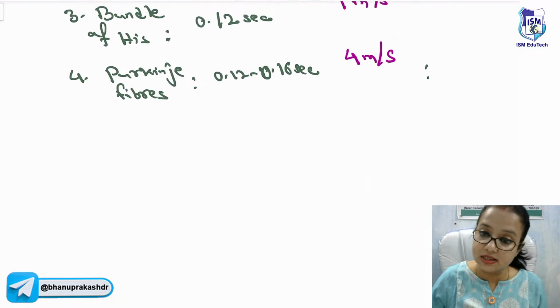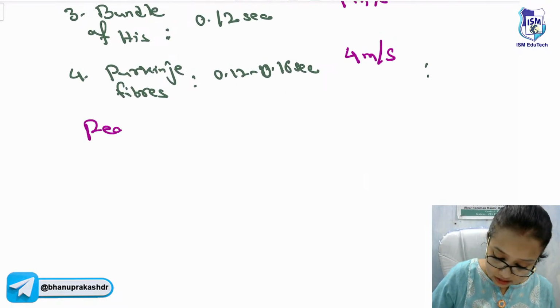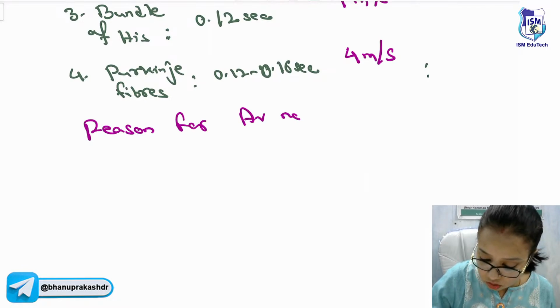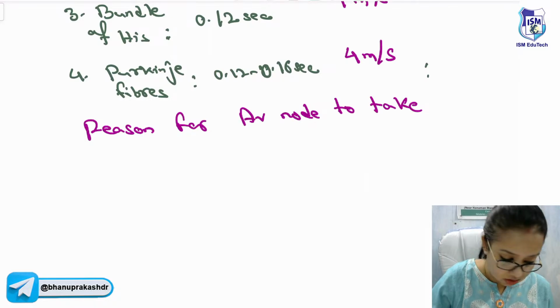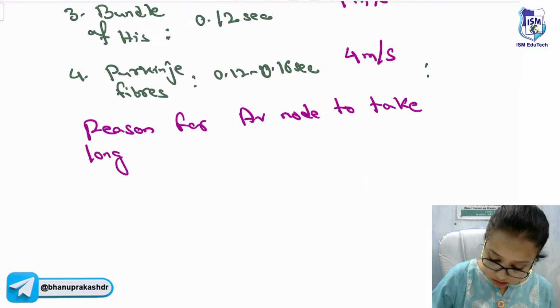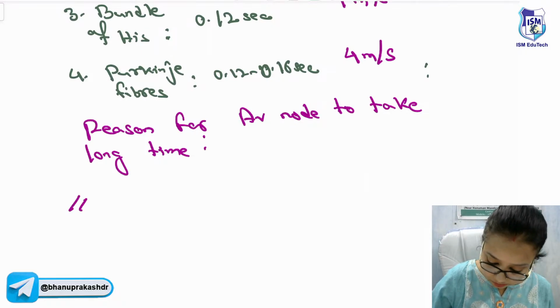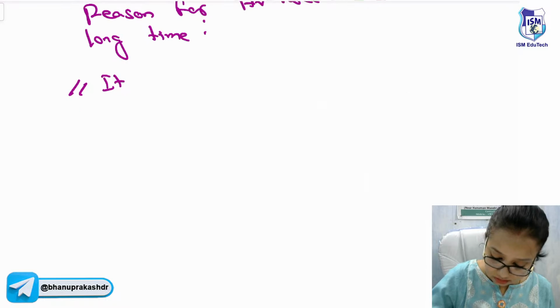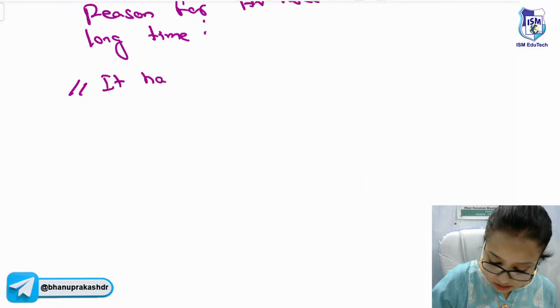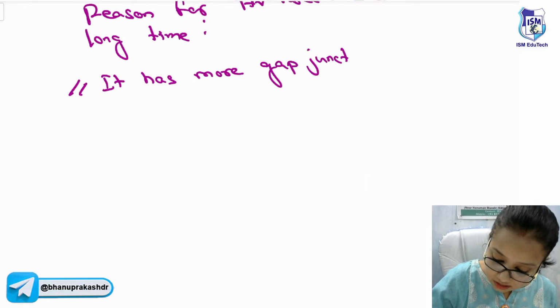Now, what is the reason? The reason for AV node to take long time for conduction of impulse: it has more gap junctions.